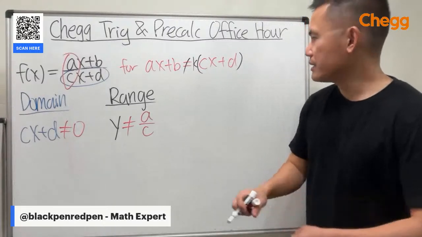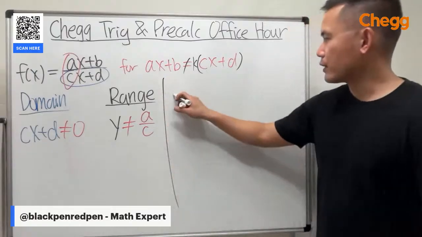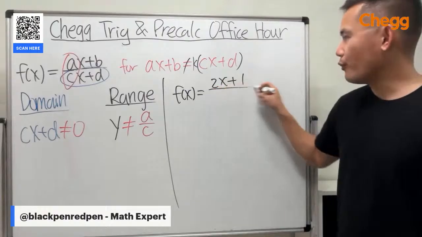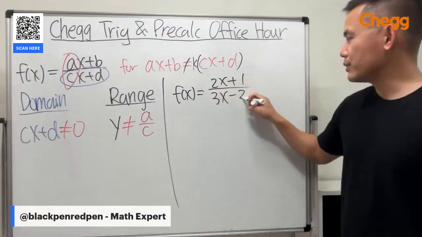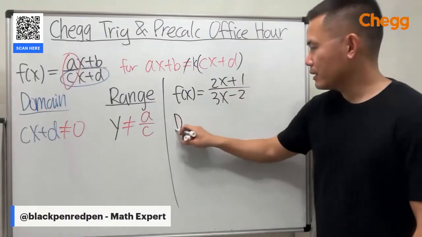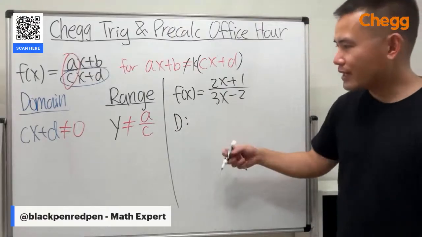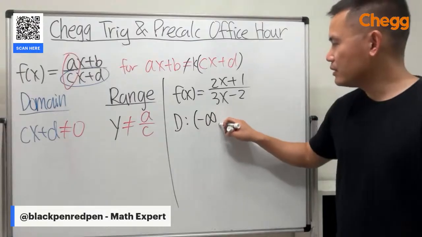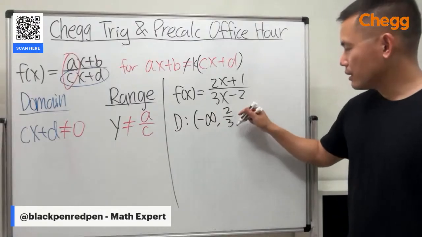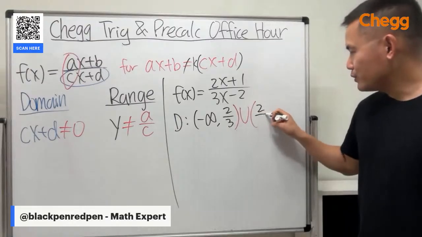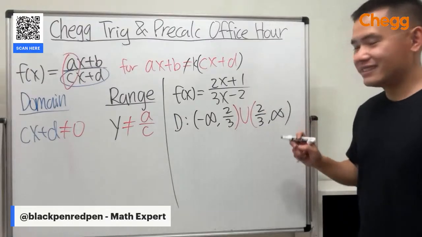And for example, real quick, if you have a function f of x equals, let's say, 2x plus 1 over 3x minus 2, the domain is just x cannot be 2 over 3. So you write it as negative infinity to 2 over 3, do not include that, but pick it up from 2 over 3 to infinity.